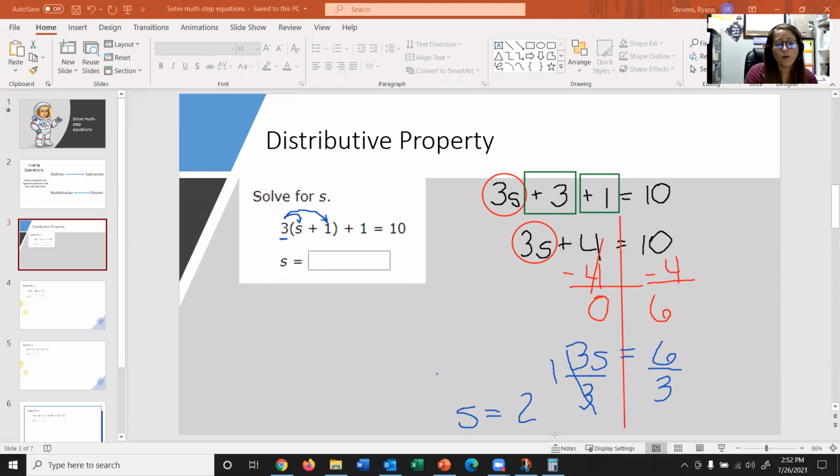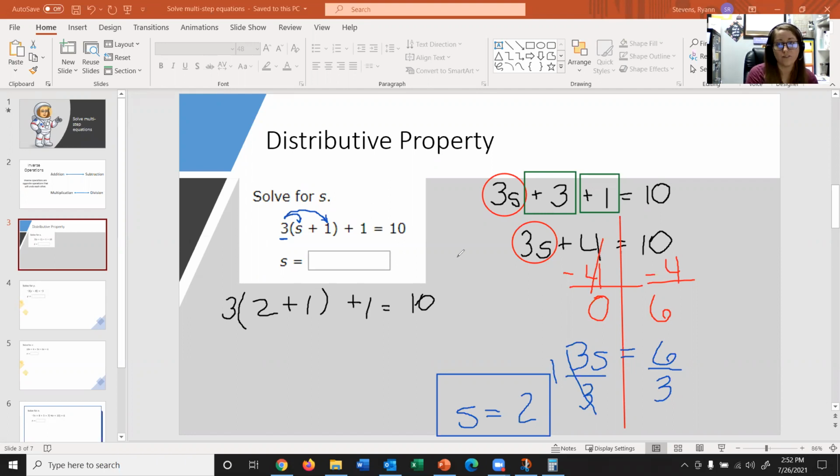Now, we want to go back through and double check and make sure that this is actually correct. So we could say 3 times, and anywhere we have that variable s, we're going to plug in a 2 instead. So 3 times the quantity 2 plus 1 is equal to 10. We're going to do the parentheses first because that's what the order of operations is going to tell us.